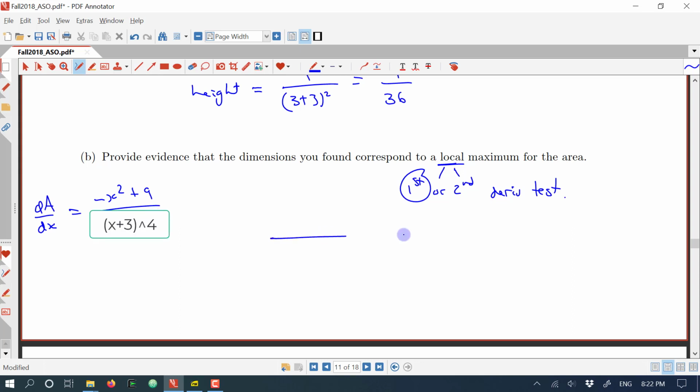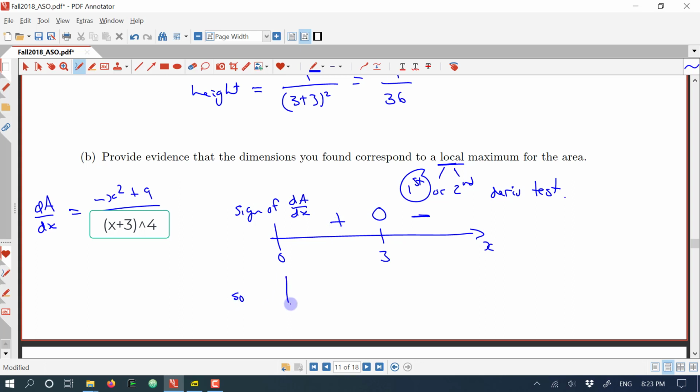If we take a look at a little sign chart for that, these are our x values. We know 3 is a transition point. When we take a look at the sign of that derivative, dA/dx, we know the value is 0 at x equals 3. When x is really big, like 5, 6, 7, 8, 9, we square it, we subtract, and we're going to get a negative number. Whereas when x is small, like 0, we're going to get a positive number.